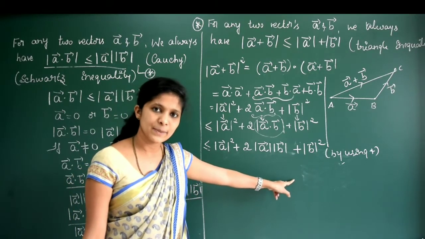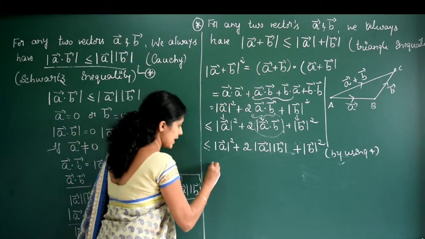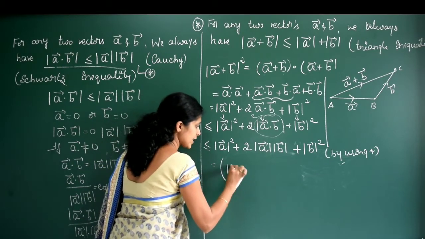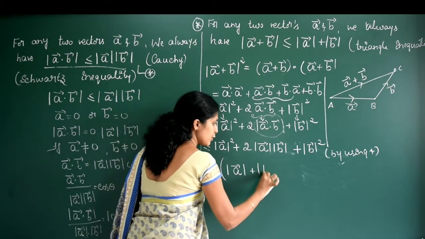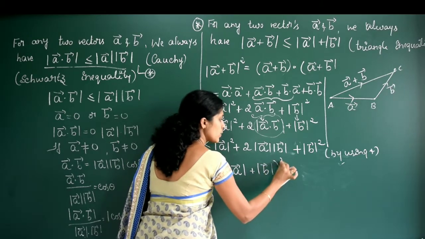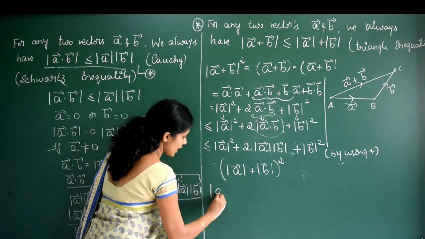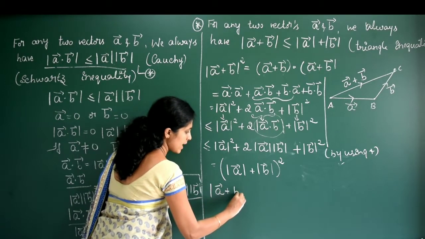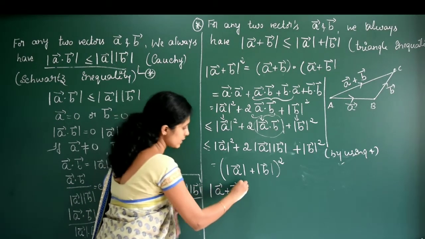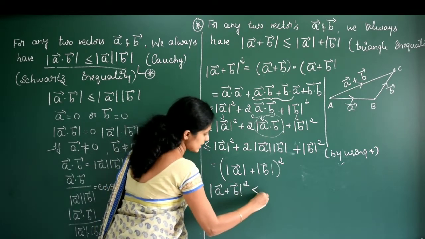Right? I can write it as a plus b whole square. So this can be written as the magnitude of a vector plus the magnitude of b vector whole square. Right? So by that what we got? The magnitude of a vector plus b vector whole square is less than or equal to that.